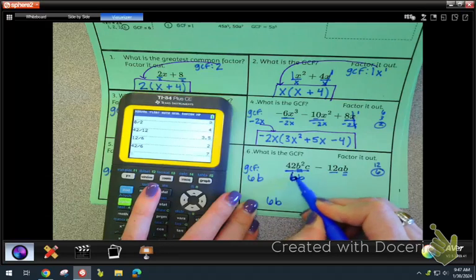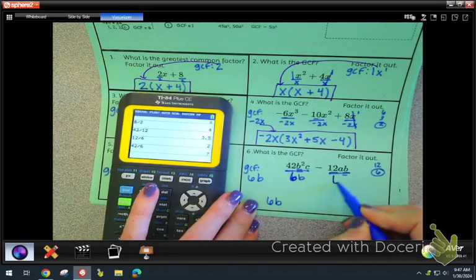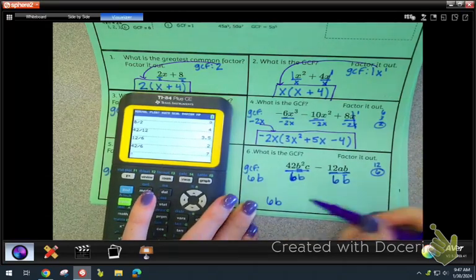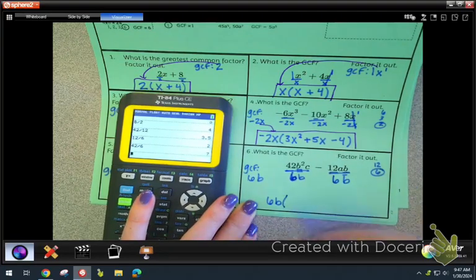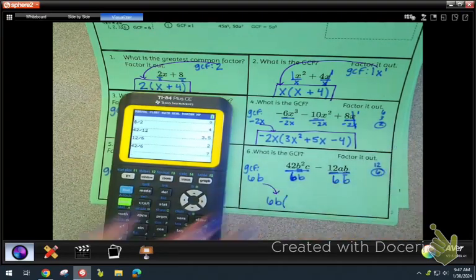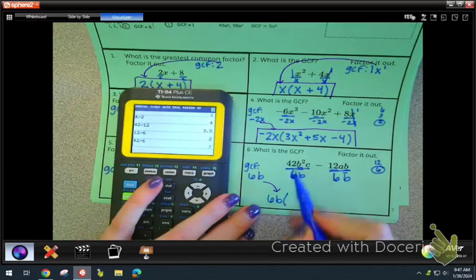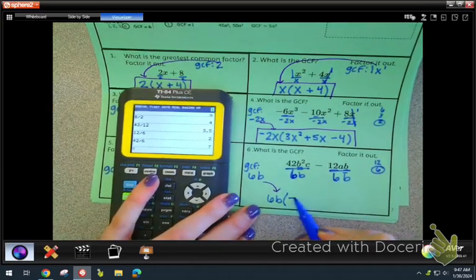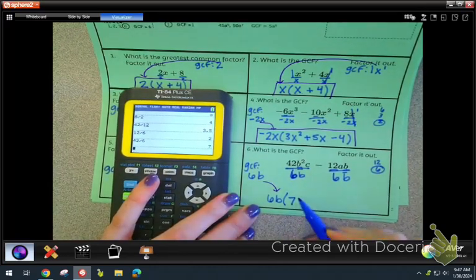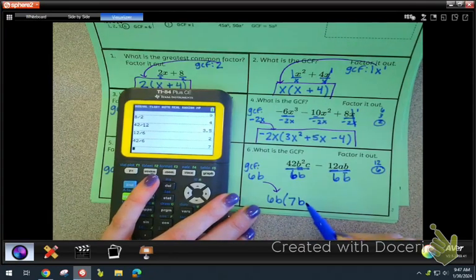That's a 6. I was thinking 1. So they both have a B? That would be 1. Daniel's helping. What did you get? 42 divided by 6 is 7. B to the 1. Do you have to put to the 1? No. And then what else? C is going to drop. Minus.